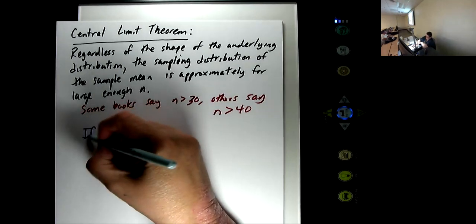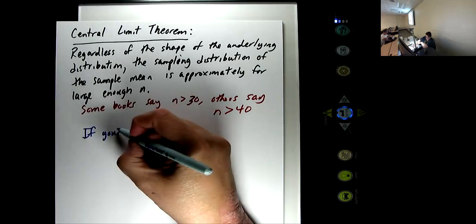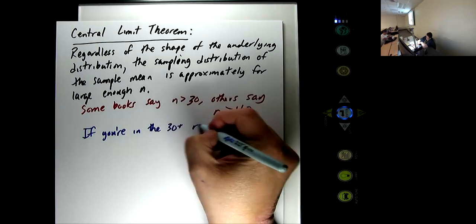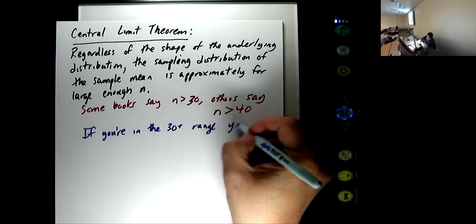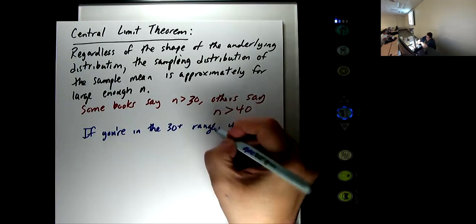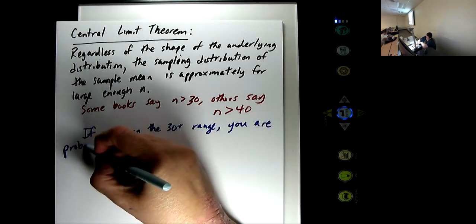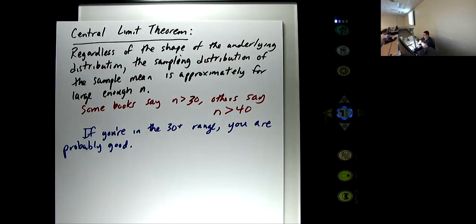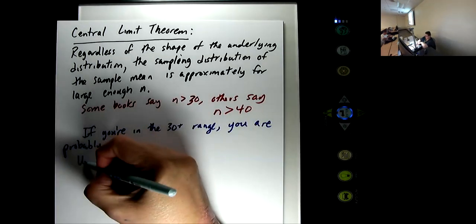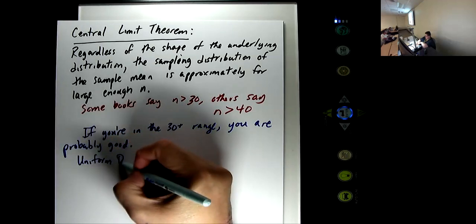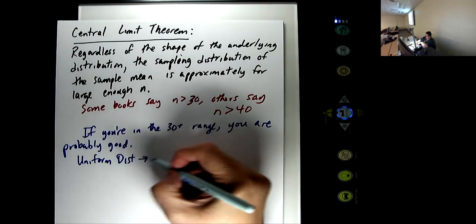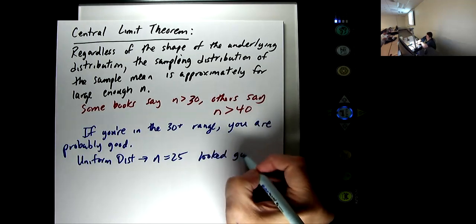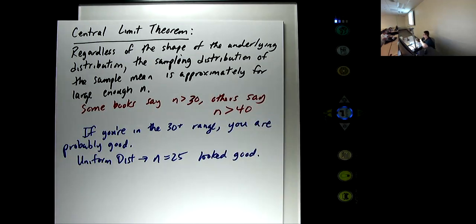If you're in the 30 plus range, you're probably good. In fact, we saw from the uniform distribution that n equal 25 looked good. And that's from a uniform distribution.